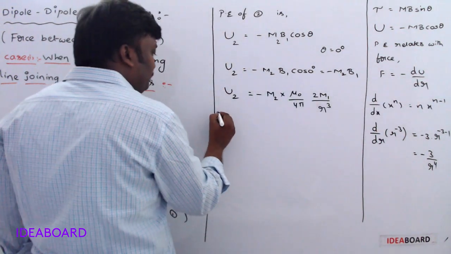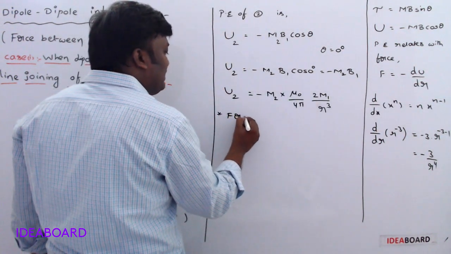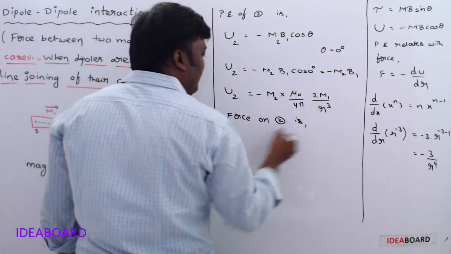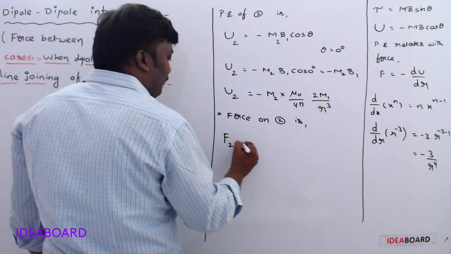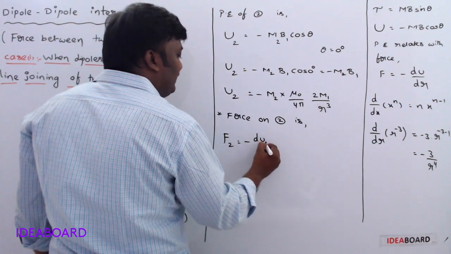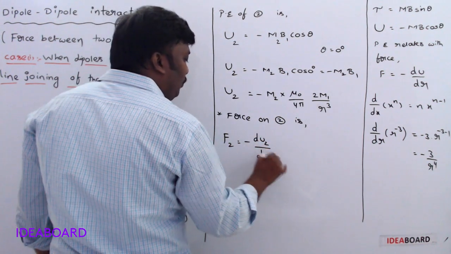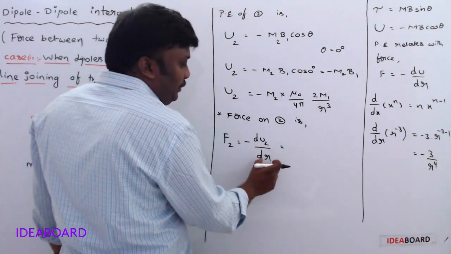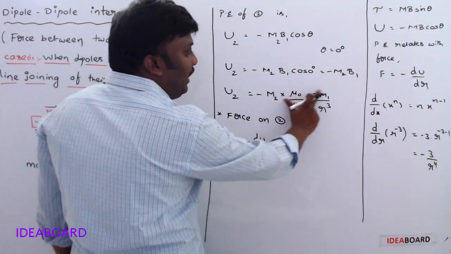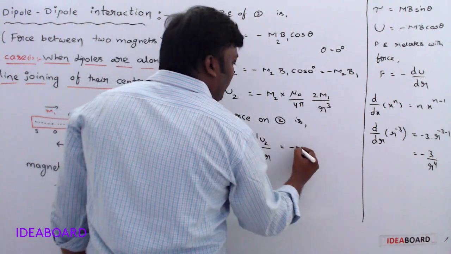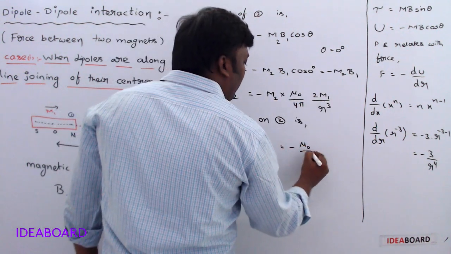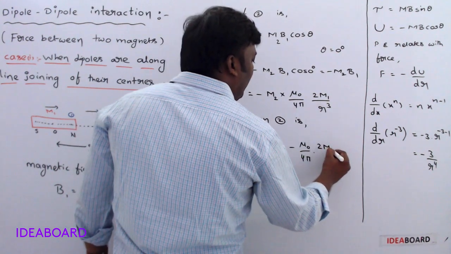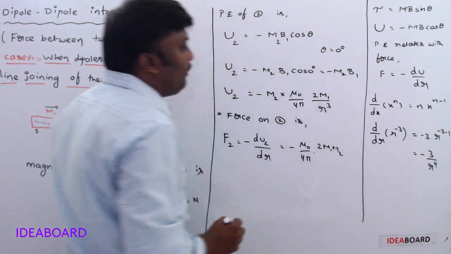That's why the force on 2 is F2 equal to minus dU2 by dr. Differentiating with respect to r, all the remaining physical quantities come outside: minus mu naught by 4 pi and 2 m1 m2 come outside.